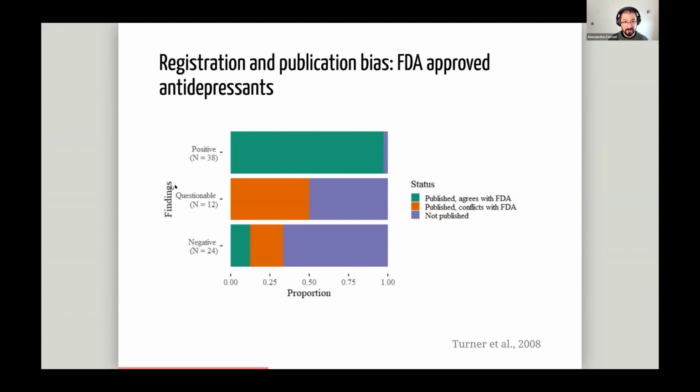The trials were registered and approved, and then we have the results of the trials per se. We see that if the results of the trials are positive, then the likelihood of being published and agreeing with the FDA is very high. If the results are questionable, the likelihood of publication is almost 0. And if they're negative, there's also very small chance of publishing.